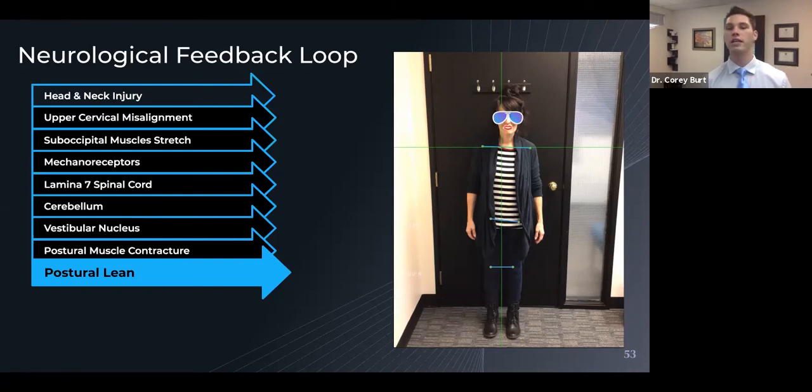Now, I can only imagine how much more pressure is being placed on her lumbar discs. Because think of it like this. The longer the posture is shifted away from center, the more pressure and compression will be placed on the discs.